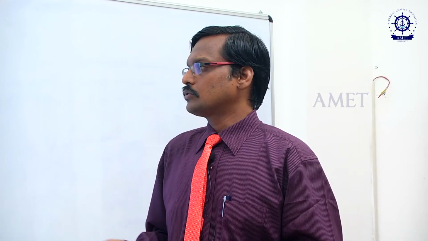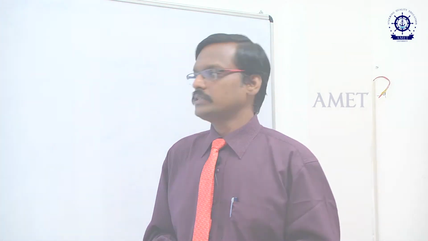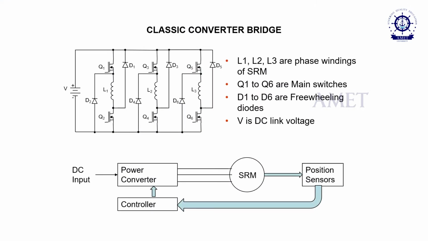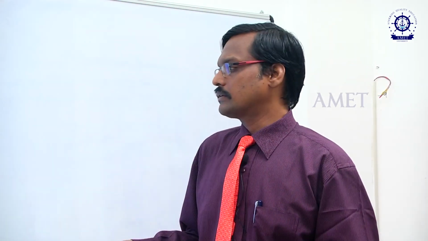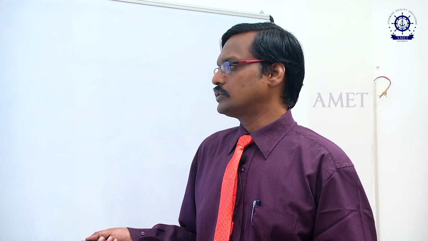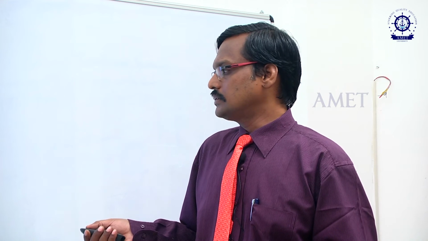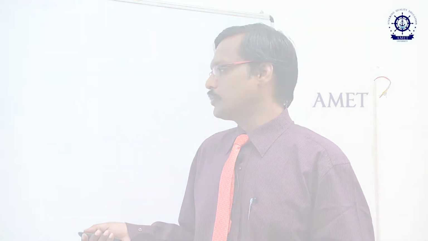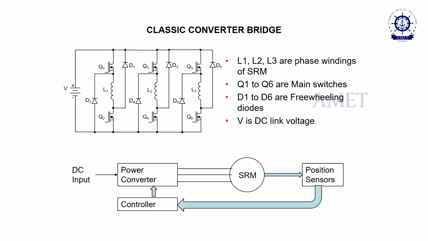As I already told you, this is a special kind of machine. Here we give a DC input supply to the power converter. This power converter converts the DC input into the required AC supply, which is given to the switched reluctance motor, and the rotor position is continuously monitored by position sensors.